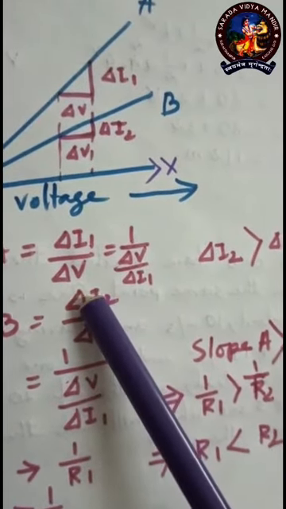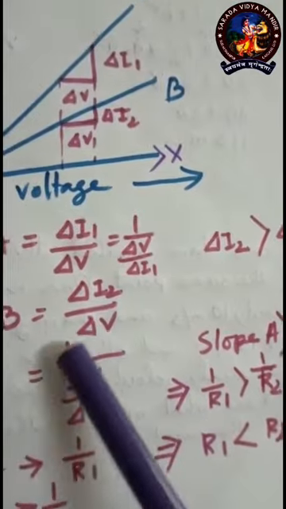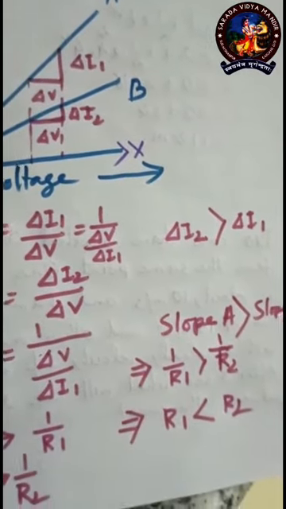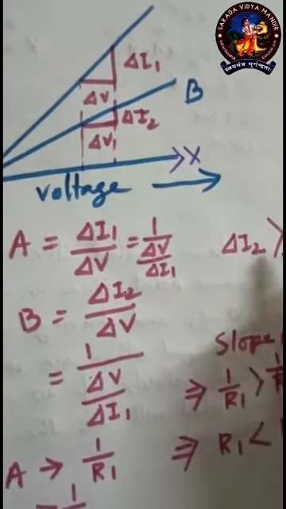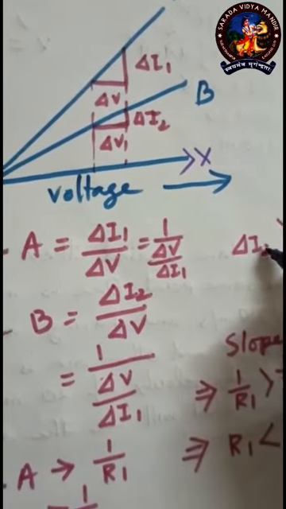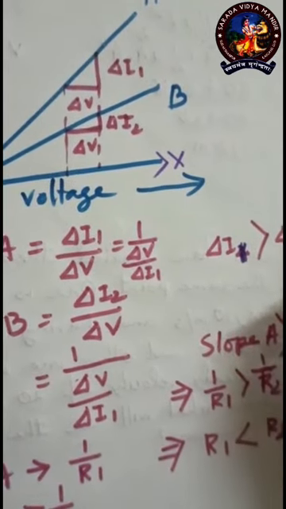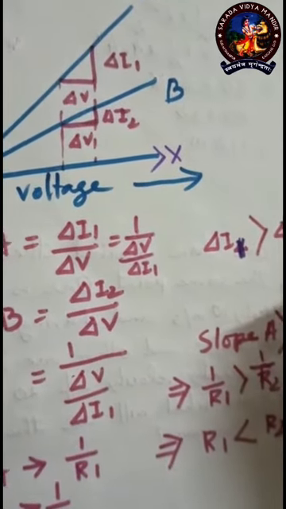Now you see which one is more? I2 is less than I1. So I1 is more than I2.